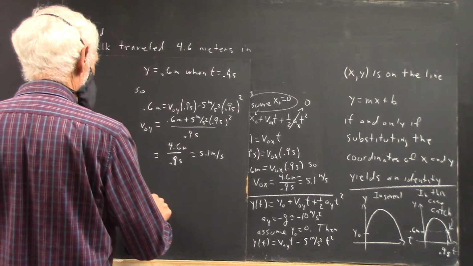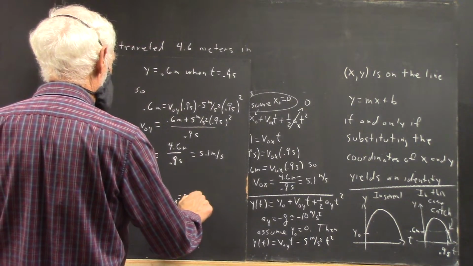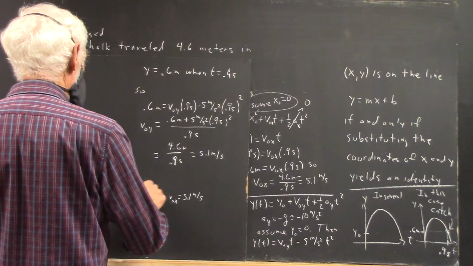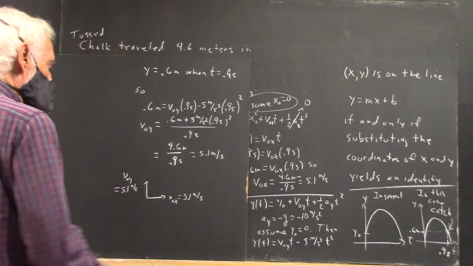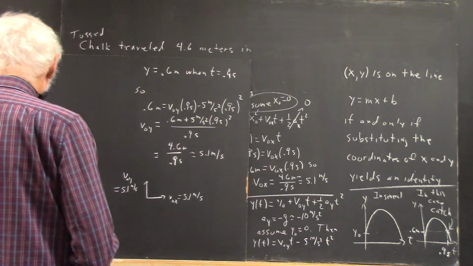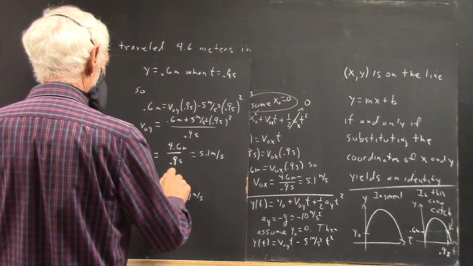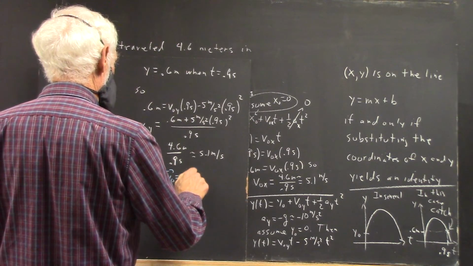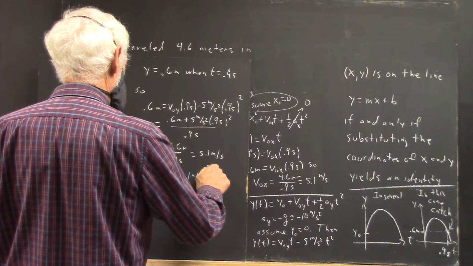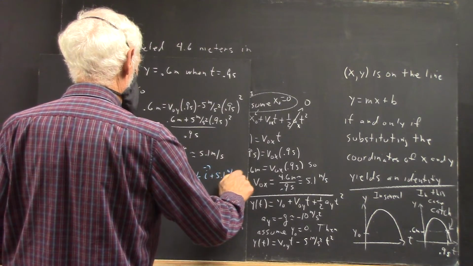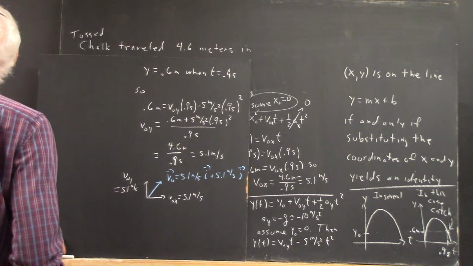So now we have v naught x and v naught y both equal to 5.1 meters per second, so that v naught is 5.1 meters per second times i plus 5.1 meters per second times j.